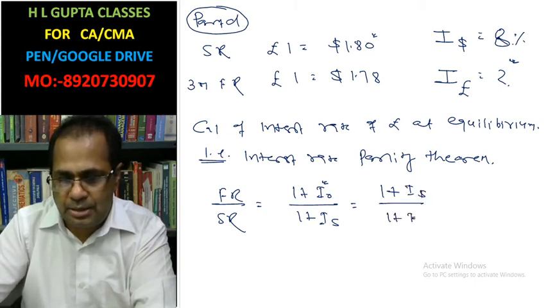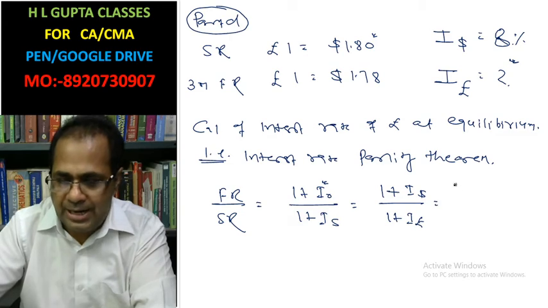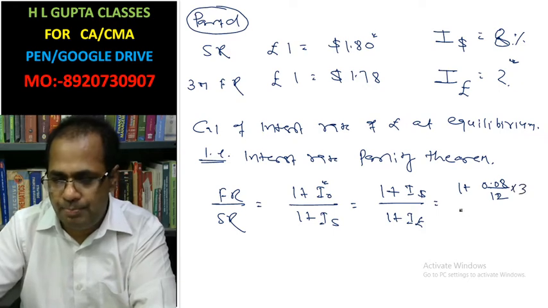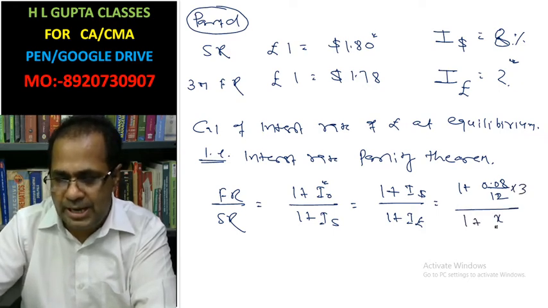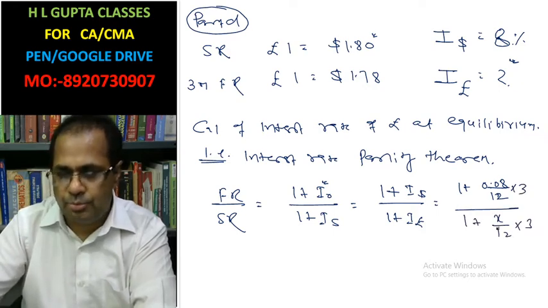Interest rate of pound: 1 plus 0.08 divided by 12 into 3, over 1 plus x divided by 12 into 3.